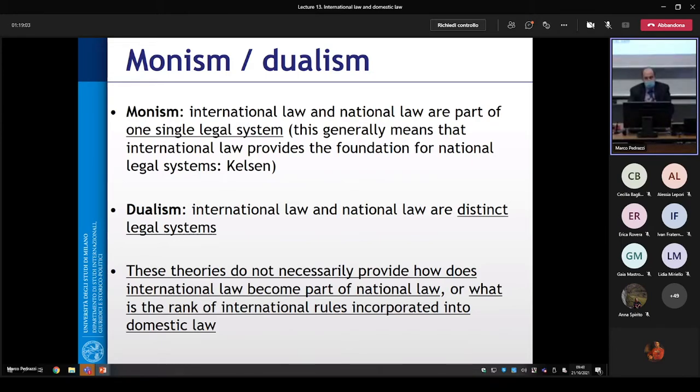So you need to look into the constitutional rules of one or the other state to understand how the international rules are implemented into that specific domestic legal system. And this happens both for so-called monist states and so-called dualist states.